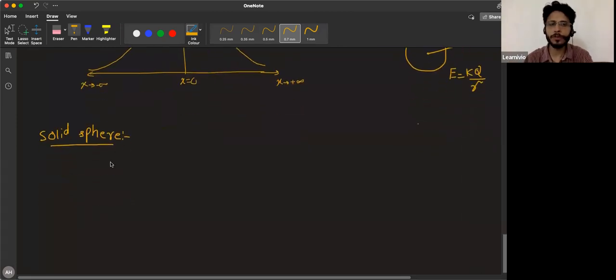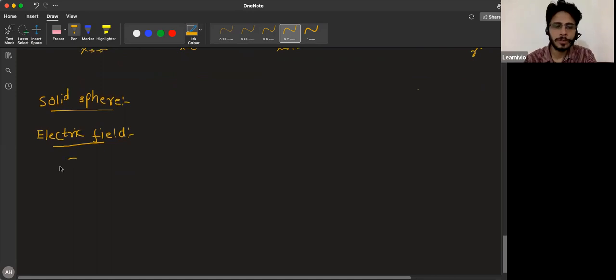But instead of a hollow sphere, if I give you a solid sphere and I ask you to calculate electric field due to this solid sphere. So this is a solid sphere and solid is non-conducting. Solid non-conducting sphere.